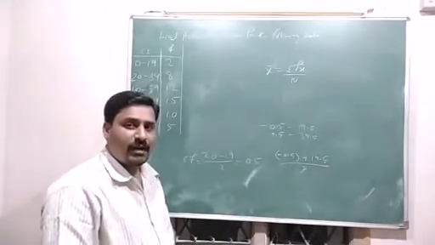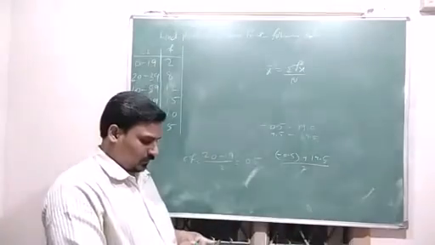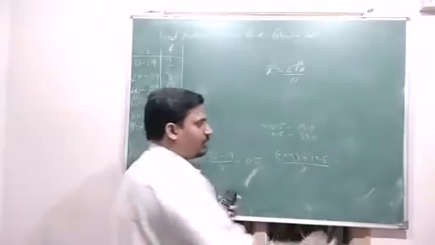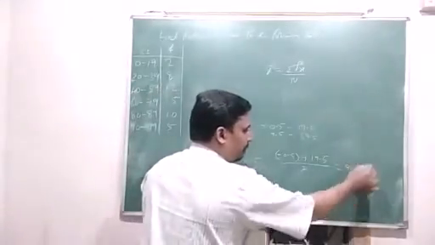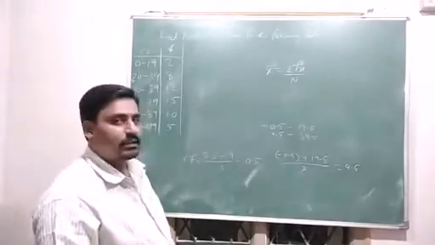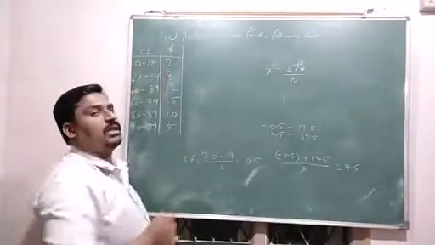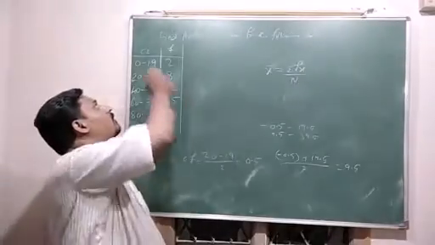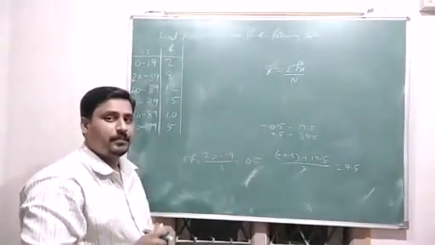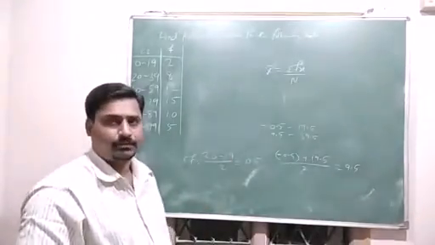So 19 divided by 2, we get 9.5. And if we get the midpoint for the inclusive class itself, add both limits: 0 plus 19 is 19, 19 divided by 2, again we get 9.5.